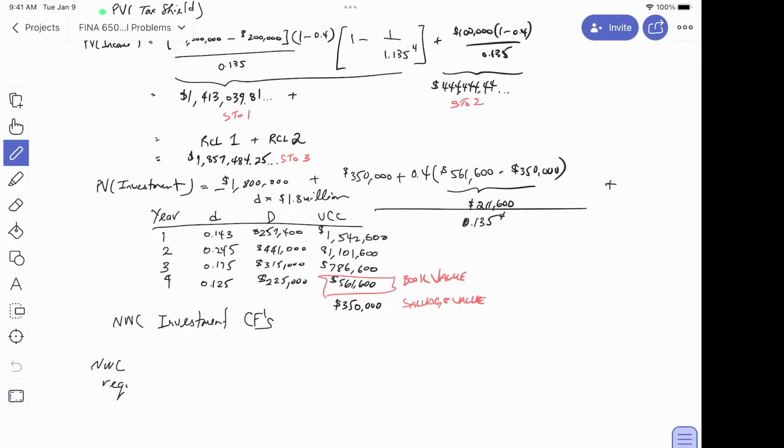Okay, I'm going to make the table like we did in class, all right? So net working capital requirements, 0, 1, 2, 3, and 4. So up front, you're told they have to increase inventory by a value of 300,000 and it stays there until the project ends. So it's 300,000 across. And then in the 4th year, 0. Okay, so you make your own table.